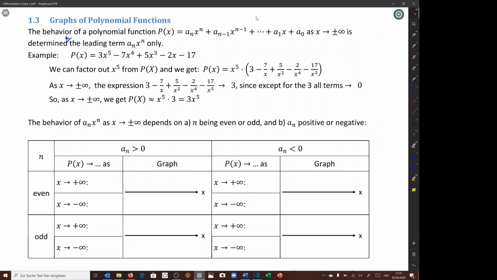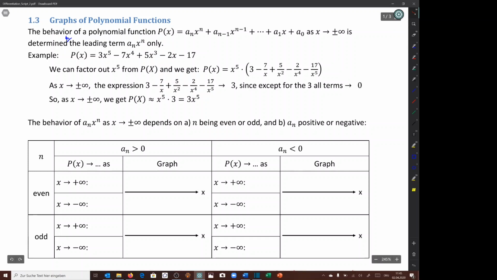So this means that we only have to look at the behavior of the leading term to understand the behavior of the whole polynomial when x becomes plus or minus infinity. Well, this behavior depends on whether the n here is even or odd and whether the a_n here is positive or negative.